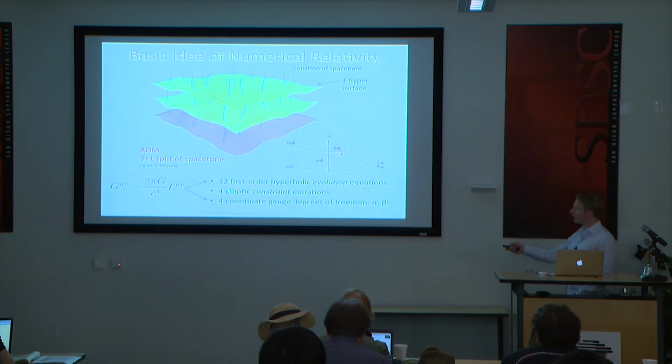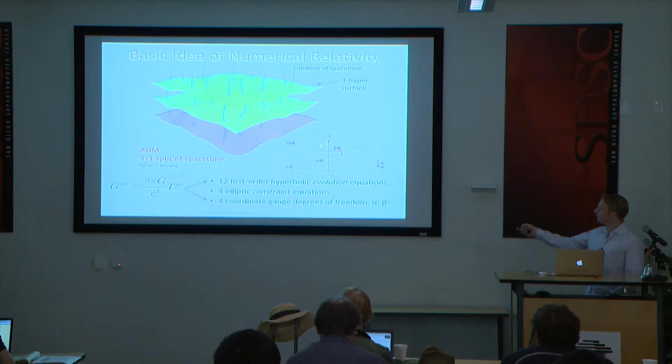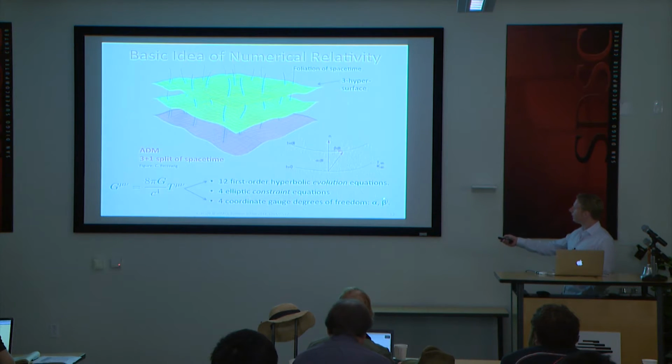We just use them to check for the quality of our simulation, and we use them to construct the initial space-time. And we have coordinate degrees of freedom that we introduce by making the slicing, the lapse function alpha that tells us how big the step is in time that we're taking from one slice to the next. And the shift vector beta, which has 3 components, is how the coordinates change from one slice to the next.